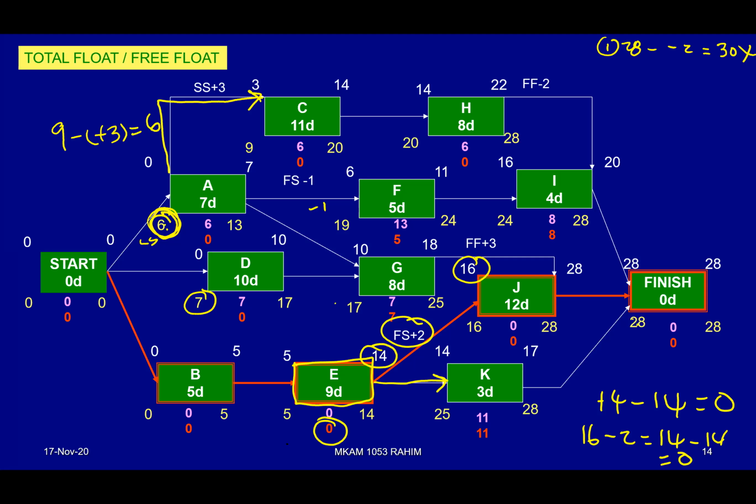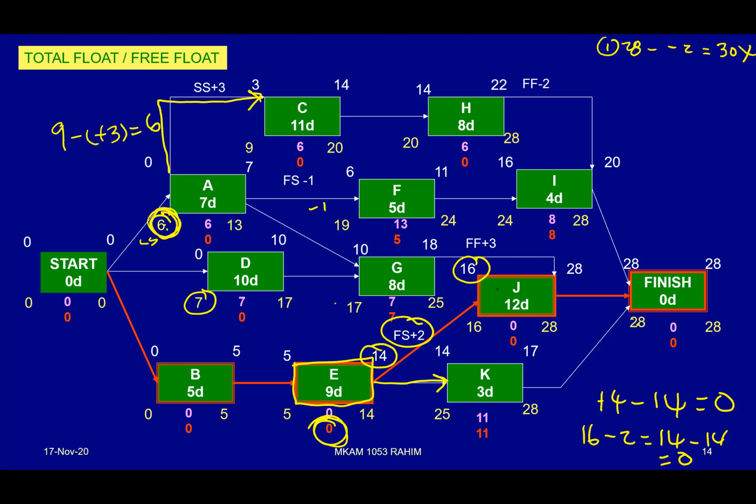But if, for instance, you calculate between E and K is 0, and between E and J is, let's say, 5, your free float should use the lowest value, the least value, which is basically 0, because there is only one free float value for each activity. But for comparison purposes, I just want to show you that you need to evaluate between whatever the successors of that activity are. But then you choose the least one.